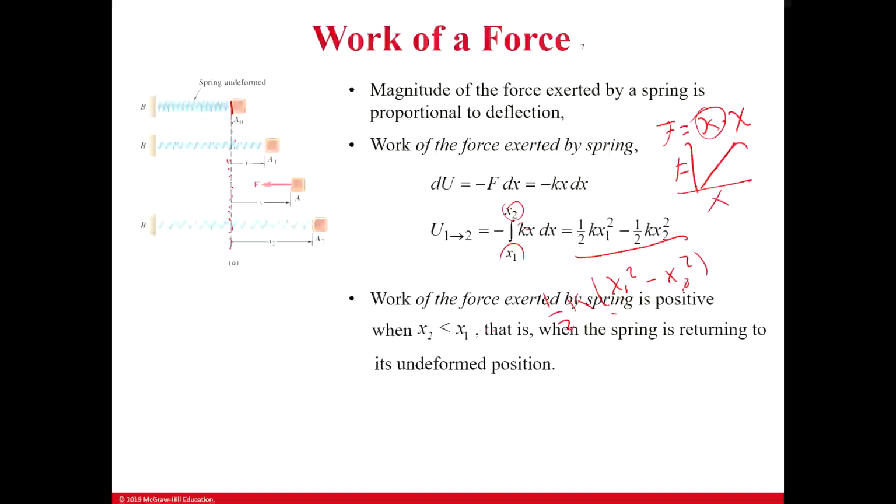So the work of the force is positive when x2 is greater than x1. Because the spring is at rest, and in order to be extended, you need to pull the spring. It's different if you push it; in that case, the spring by itself is going to try to pull back. But if you pull it, it's not the nature of the spring, so you're giving energy to the spring. In that case, you're not storing energy.